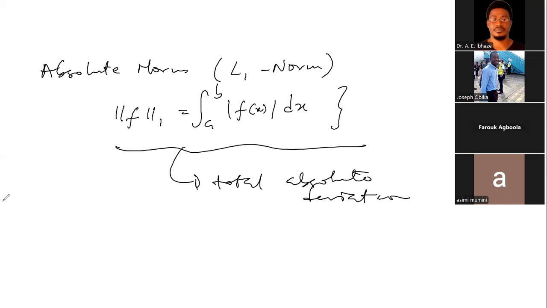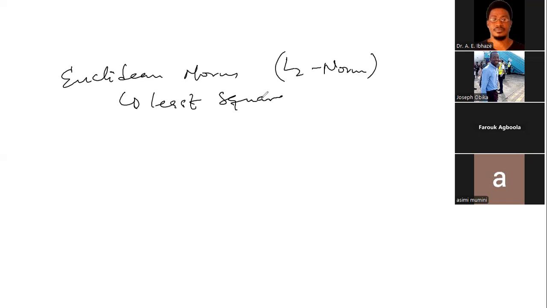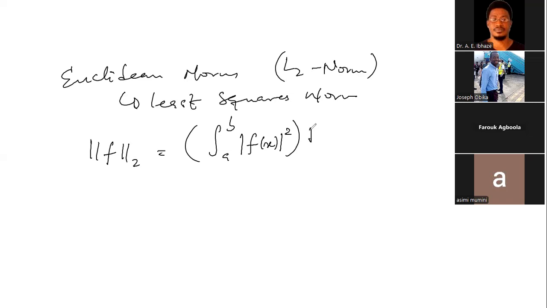And then the second type of norm is the Euclidean norm. So for the Euclidean norm, we use L sub 2 to designate the Euclidean norm. We also call it the least square norm. Okay, so the Euclidean norm of a function is given as the integral of the magnitude of the function squared, dx, all in square root, right?